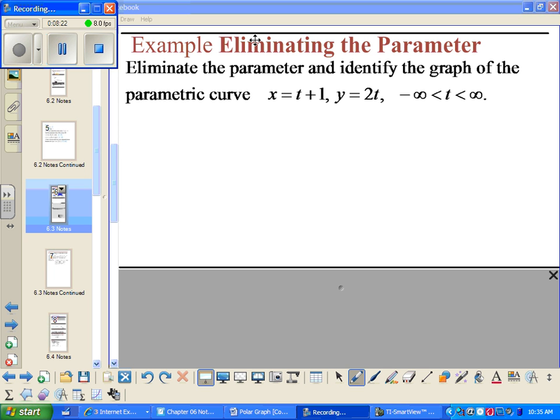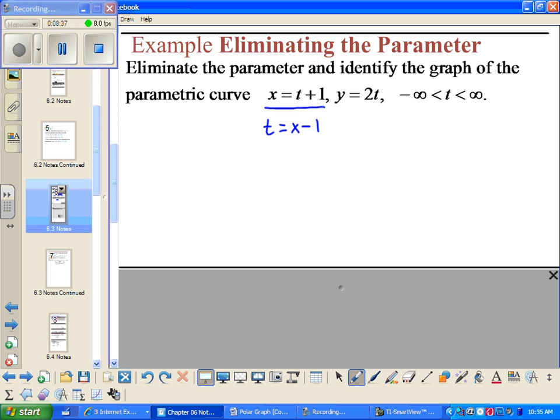So I would want to solve for t on one of the equations, like I'll take this x equals t plus 1. If I solve for t by simply moving the 1 over, I would get t equals x minus 1. Well, now I have a value for t, so I can now take the other equation, substitute x minus 1 in for t.